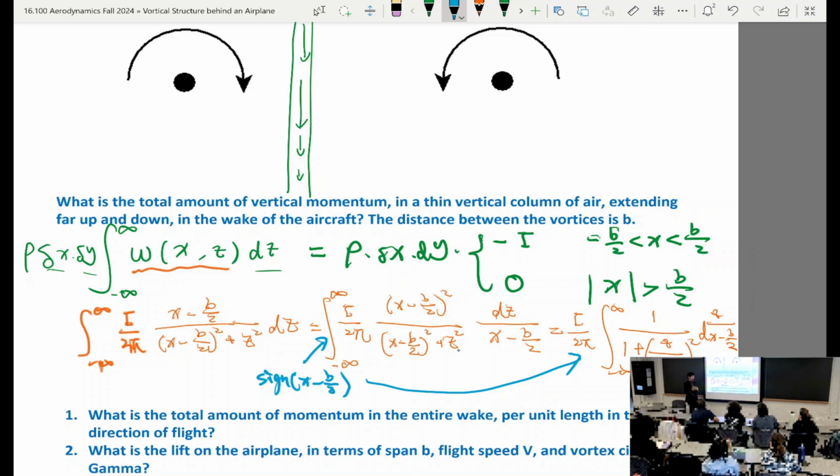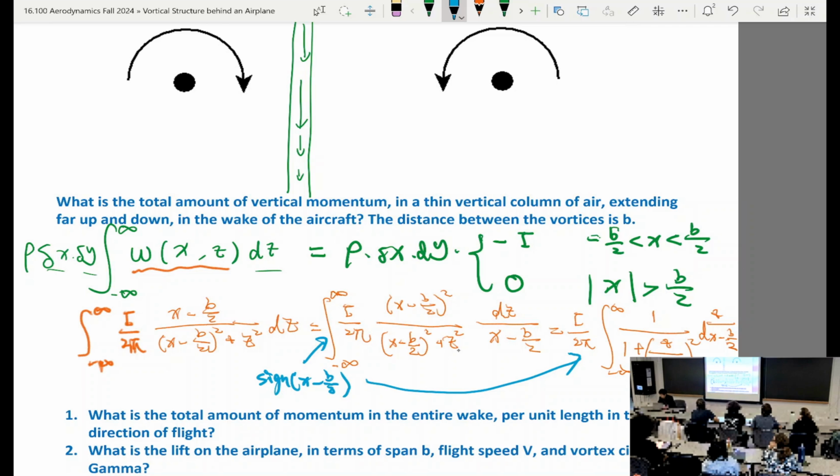For what angle is tangent theta minus infinity? Yeah, minus 90 degrees, minus pi over 2. And for what angle is it positive infinity? Positive pi over 2. So this integral turns out to be pi over 2 minus minus pi over 2, which is equal to pi. Okay, got it?